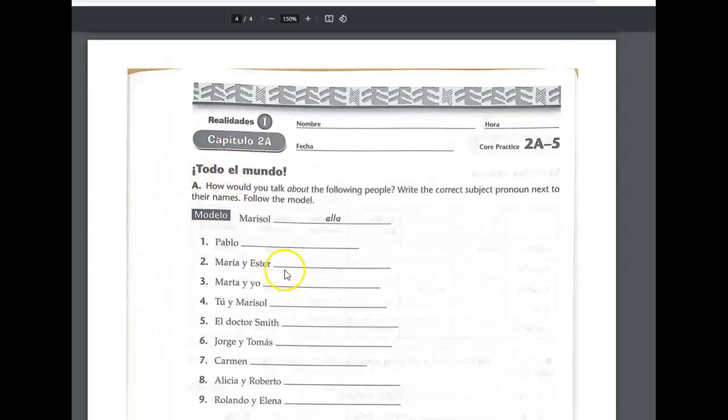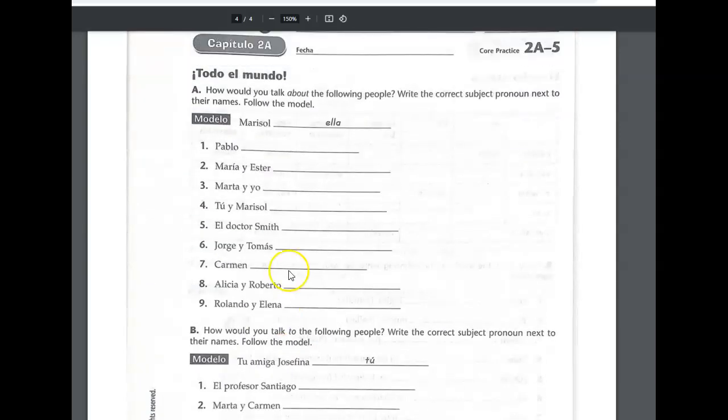And then part A and B on the last page, this is a little tricky. You have to follow the instructions here. How would you talk about the following people? And you're going to write the correct subject pronoun that you think would be used to replace each subject.